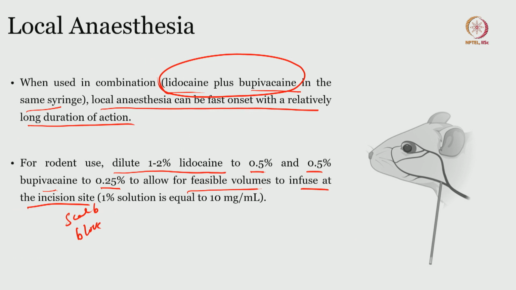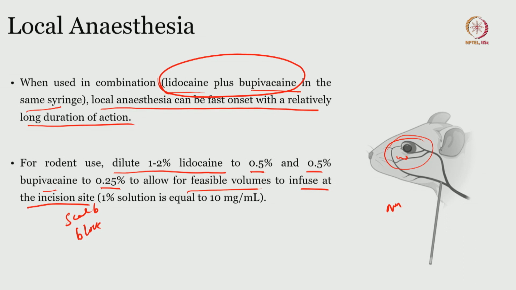And what has been shown here on the right hand side is the nerve block, wherein the nerve which is supplying the skin around the eyes is blocked for any procedures that are performed around the eyes. So this is just an example where a specific nerve can be blocked using the local anesthesia.